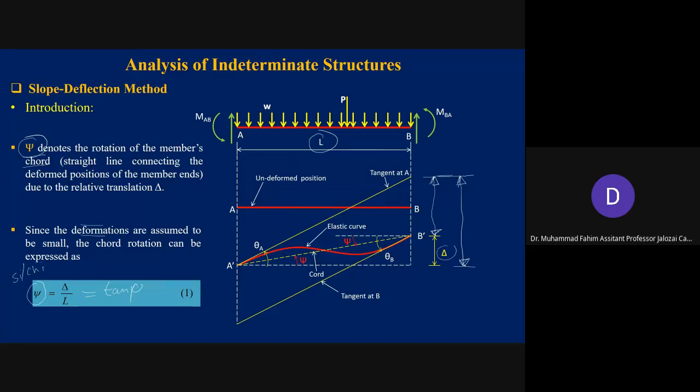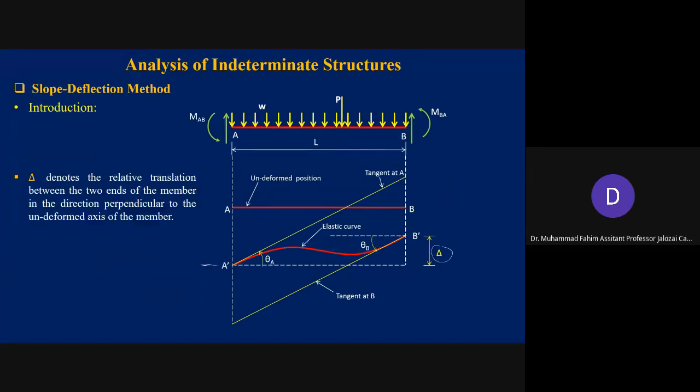Remember the difference between the conjugate beam method that we use for delta, where we say delta B is equal to M B. In the beginning of this lecture, we just used this relation.